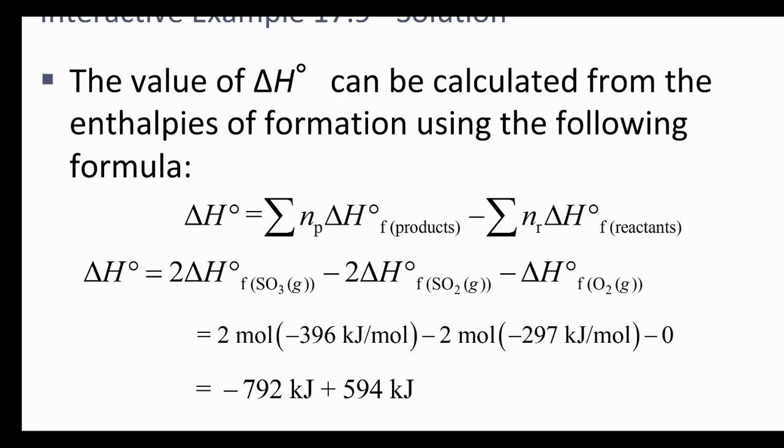Take a look at that. I tend to add them and just keep them in parentheses. They distribute the negative. So we end up with an exothermic process at negative 198 kilojoules. Okay, so that's exothermic.